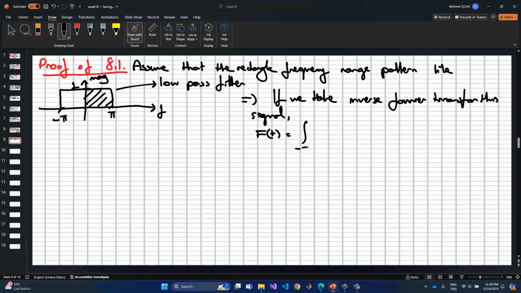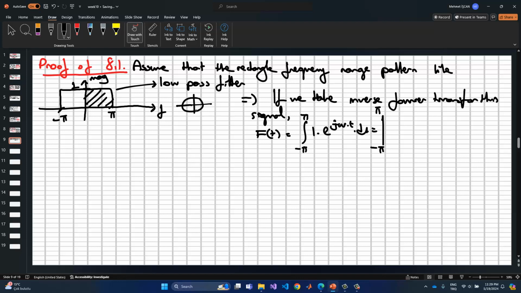which equals the integral from minus pi to pi of 1 times e^(jwt) dw, and this is evaluated between minus pi and pi. This comes from the earlier identity formulations.